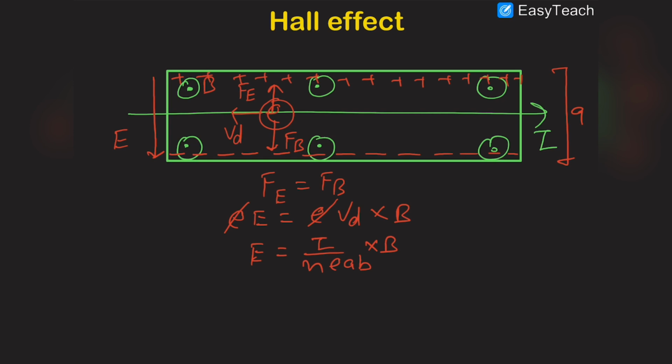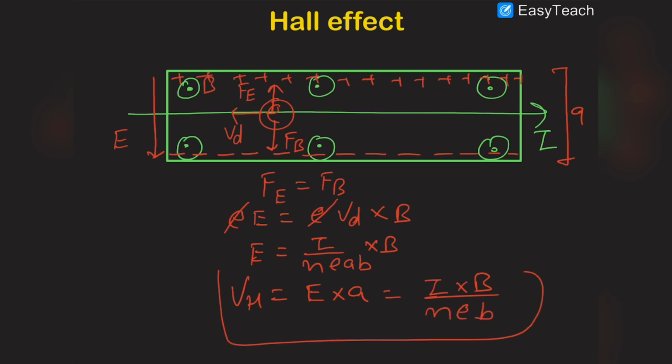So the Hall voltage, which is developed across these two faces, can be calculated as E into d, or E into this distance. This distance is a. So the Hall voltage can be written as I into B upon neb, cancelling a with a.